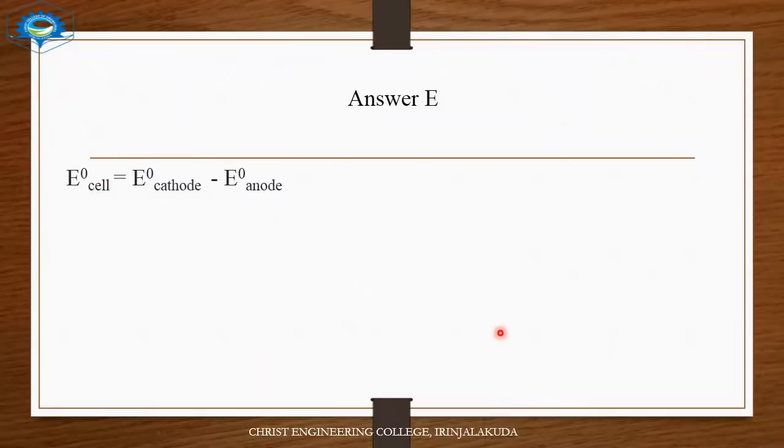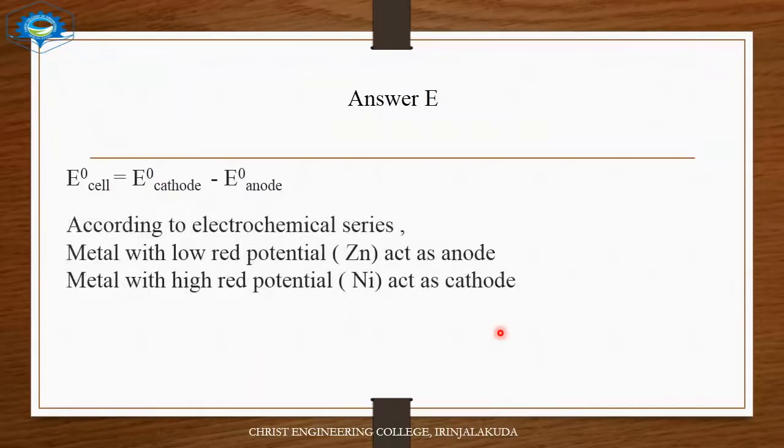Anode and cathode can be determined using the electrochemical series. All of you might have heard about the electrochemical series. According to the electrochemical series, anode is a metal with low reduction potential and cathode is a metal with high reduction potential.